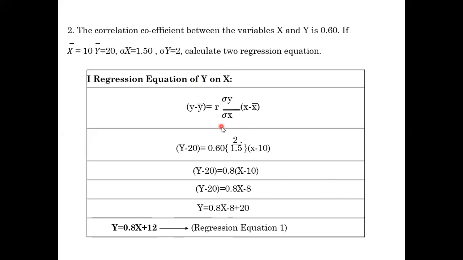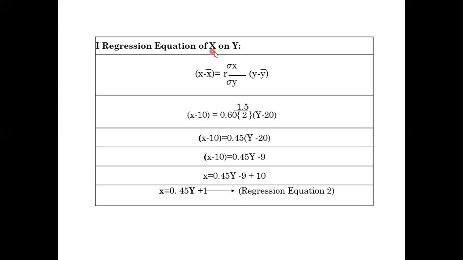Okay, students. Next, move on to the next equation, that is x on y. This is the regression equation x on y. For calculating x on y, we apply this formula, that is x minus x mean is equal to correlation into standard deviation x divided by standard deviation y, into y minus y mean.